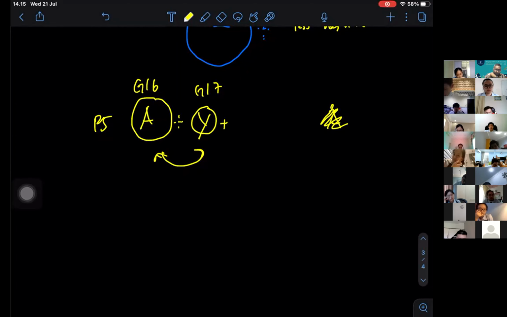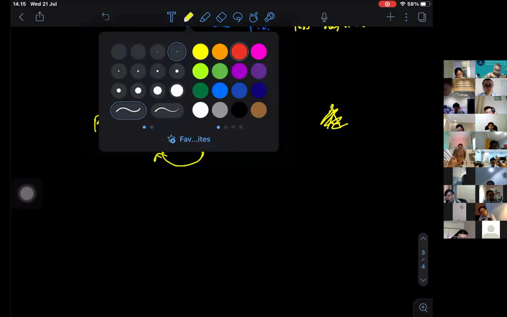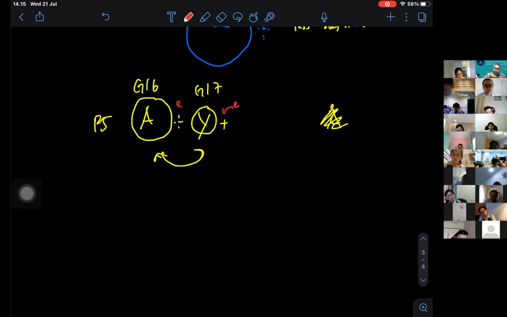When I bring in an electron from somewhere, the electron will be better bonded here compared to here. So it means that Y is going to be more negative. The electron affinity is more negative compared to A. I hope you understand how they can ask you this question.